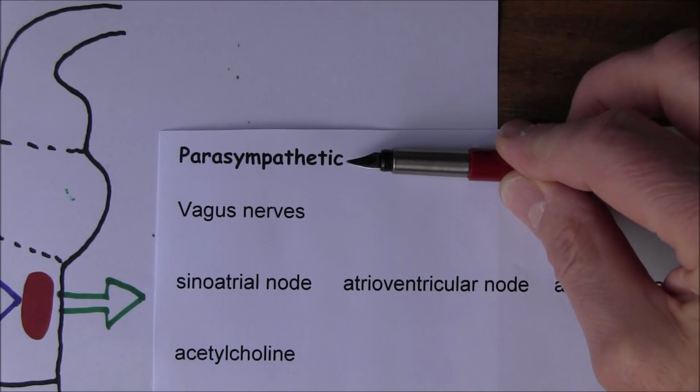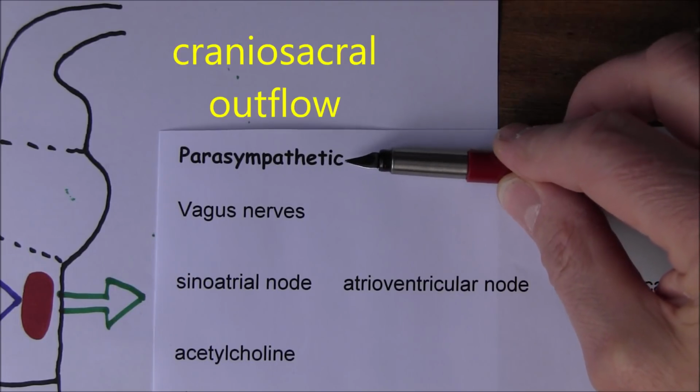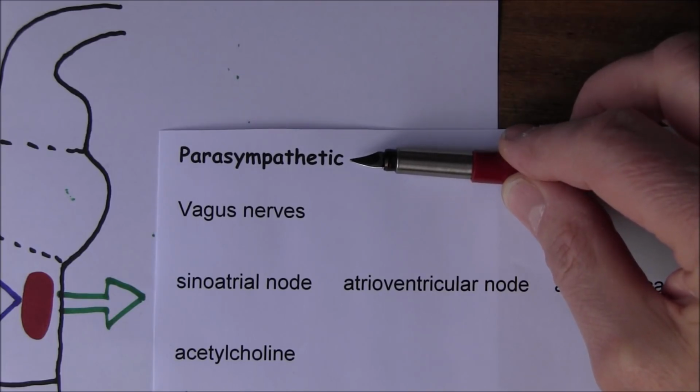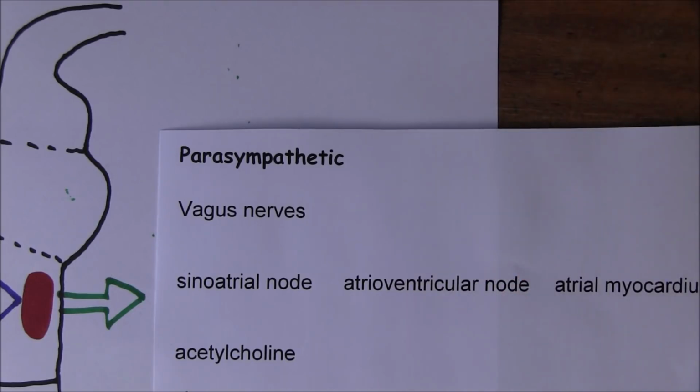The parasympathetic outflow, you might remember, is called the craniosacral outflow. So the parasympathetic nerves communicate between the brain and the body via the cranial nerves and via the sacral nerves. And the parasympathetic cranial nerves are the 3rd cranial nerve, that's the oculomotor, the 7th cranial nerve, that's the facial, the 9th cranial nerve, that's the glossopharyngeal, and of course the 10th cranial nerve, the vagus nerve.